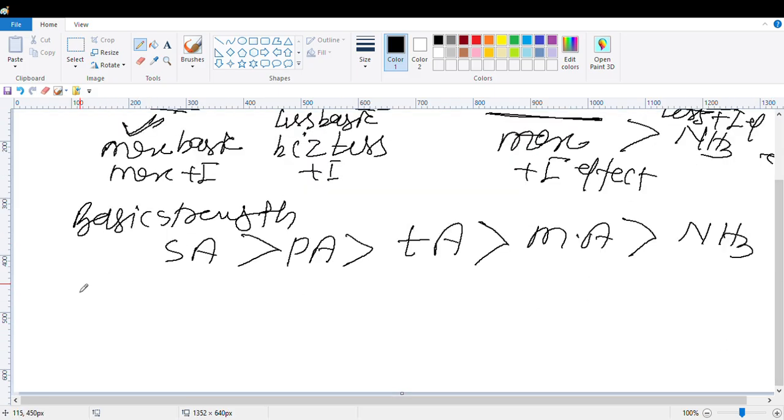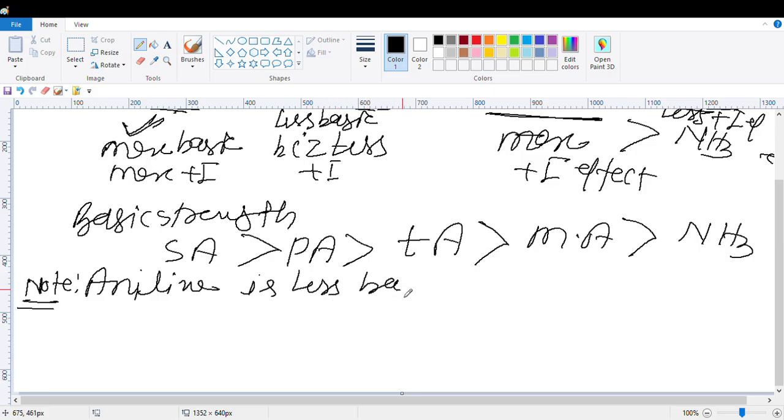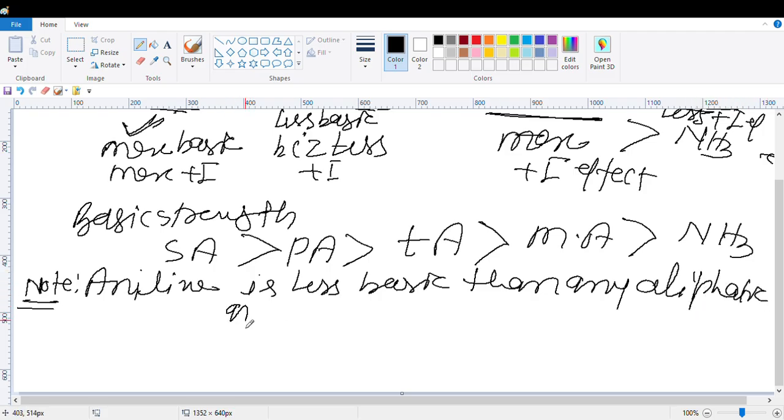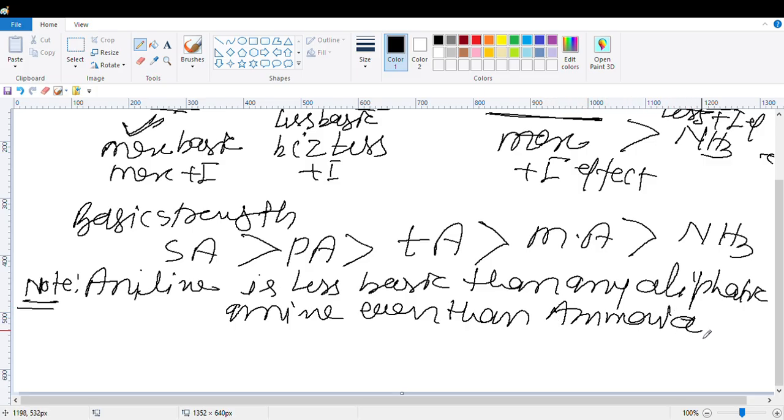Next very important point, that aniline is less basic than any aliphatic amine, even than ammonia. So why?